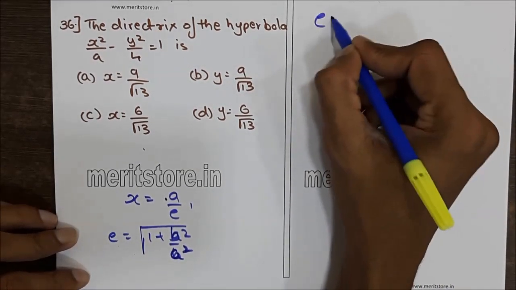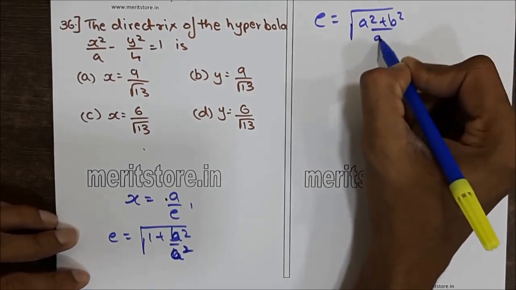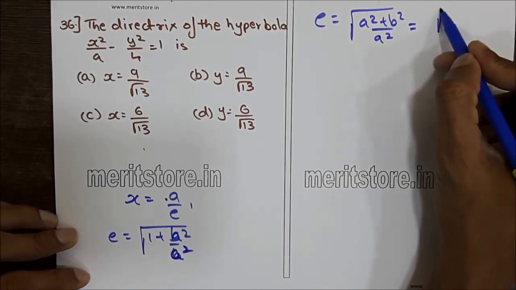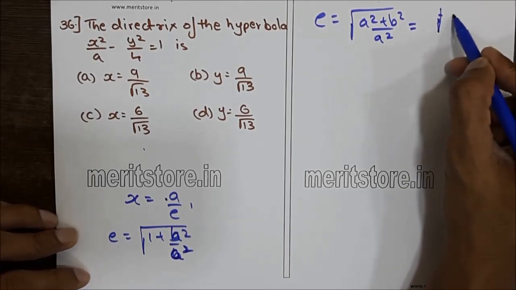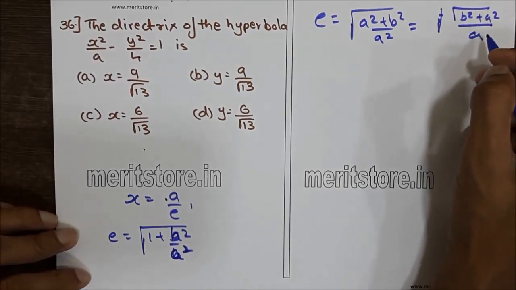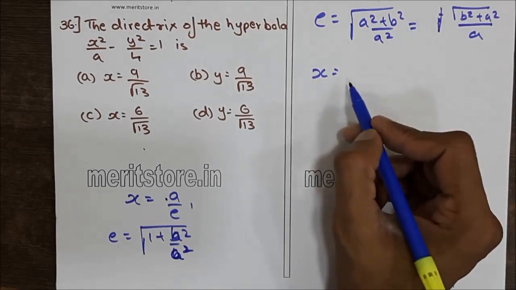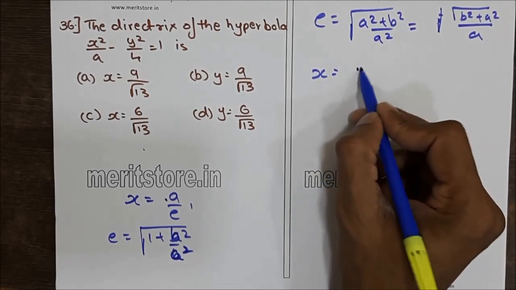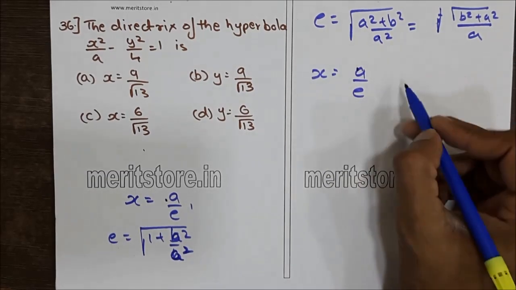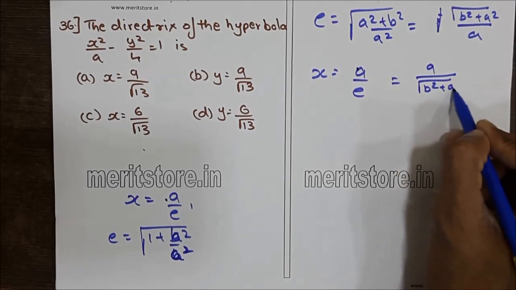For the solving, we can write it as a square plus b square upon a square, which we get as under root of b square plus a square upon a. We have x is equal to a upon e, so we substitute the value of e, we get a upon under root of b square plus a square upon a.